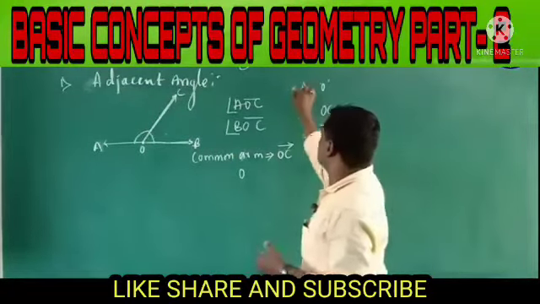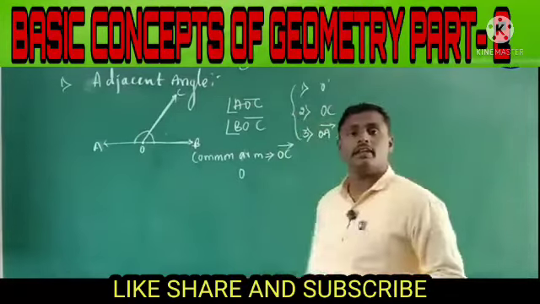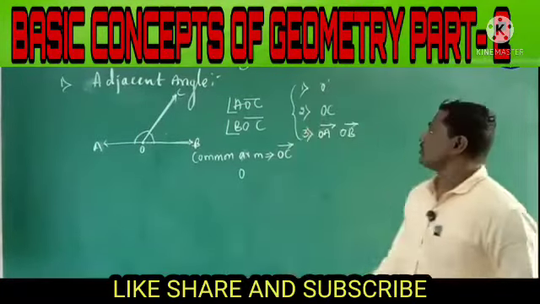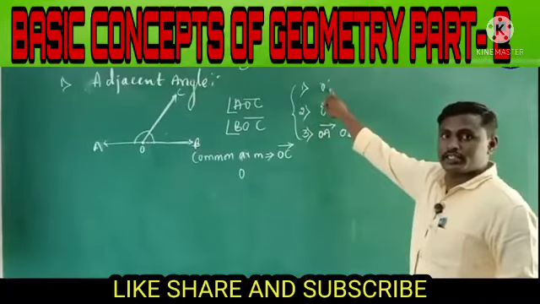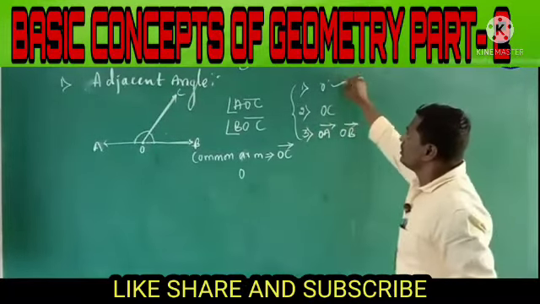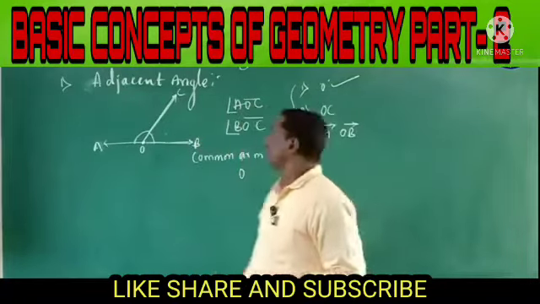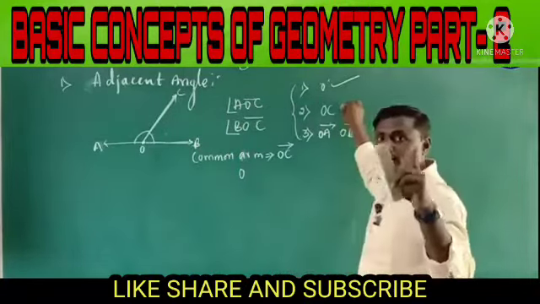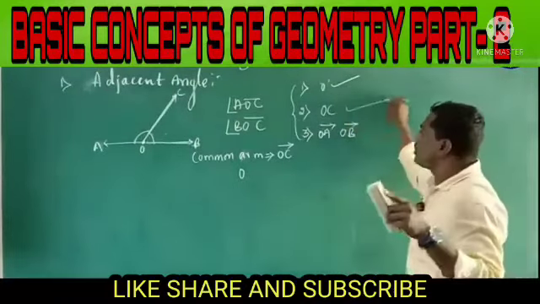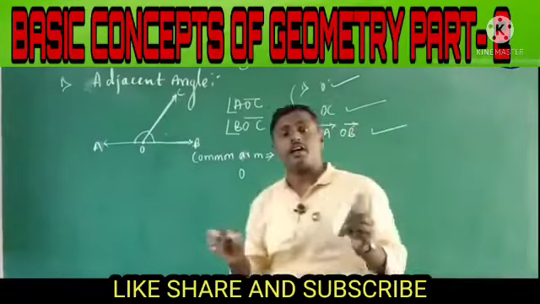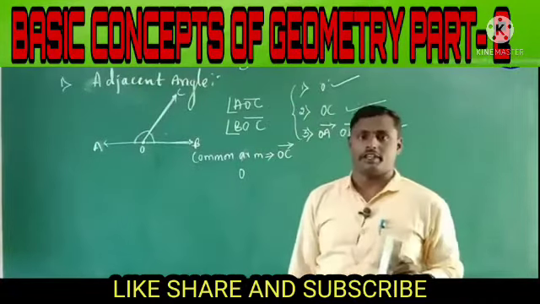Okay, so these are the main three points related to adjacent angles. First one, two adjacent angles are formed by the same vertex, right? Second one, two adjacent angles have one common arm. Third one, the other two arms are in different directions.